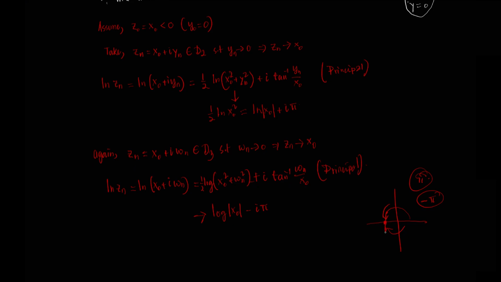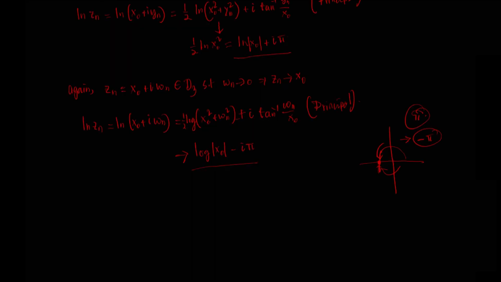For any point here, if you are approaching by this, the argument converges to minus pi. So you see the same point by two different sequences: one sequence goes to log of mod x naught plus i pi, and the other sequence goes to log of mod x naught minus i pi. So in that case, what happens is this.